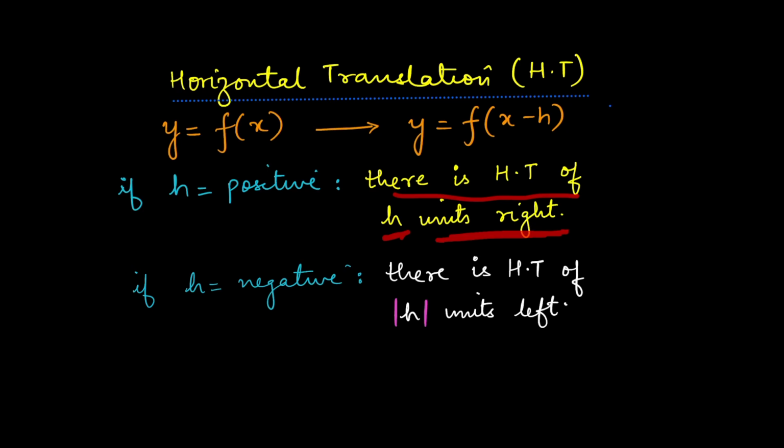Whenever h is positive, it will be on the right side, and if h is negative, we say there is a horizontal translation of the absolute value of h units towards the left.